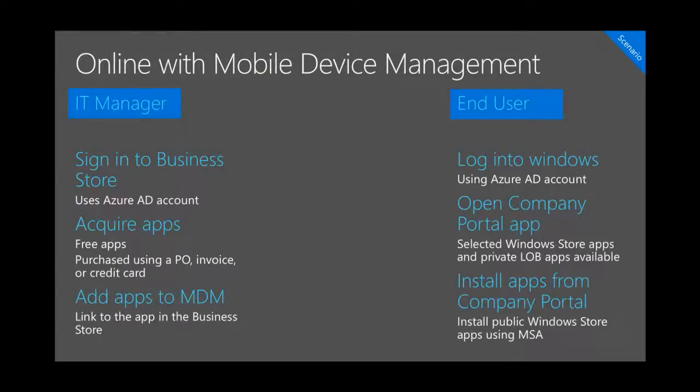When you go on an online or an online with mobile device management scenario, right, you can actually do the same thing. You go into the business store, you buy your apps there, you license them, and then instead of saying, I create a category, you say, I'm going to link them to my MDM system. Works with Windows Intune, Mobile Iron, AirWatch, SAP Afaria, Citrix, Zen Mobile, and many others.